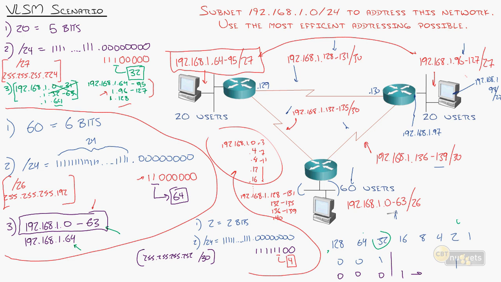So while VLSM looks awesome on paper, don't throw the baby out with the bathwater. VLSM is awesome and it's used all over the place, but it's not used in such a way to make your subnets so tight that there's no room for growth. You want to allow room for growth, but you don't want to be forced to waste IP addresses because of giant subnets you had to create for one area of your network.